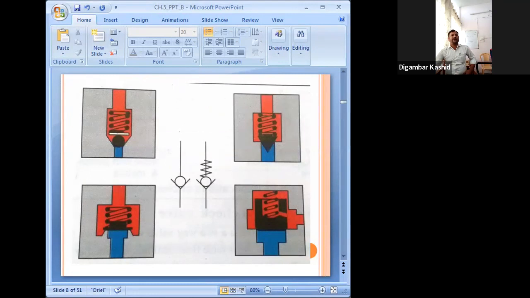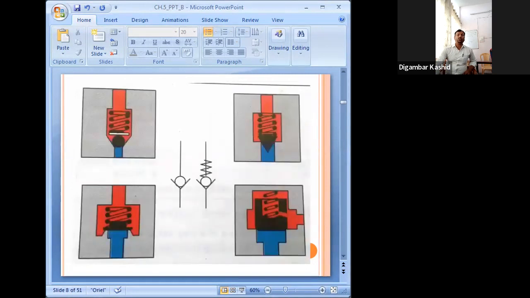These are standard symbols used to show the check valve. Getting it? Here a ball is used. Here the seat is like this one. Here a triangular section is used. Here, different, a rectangular section. So these are different types of check valve.